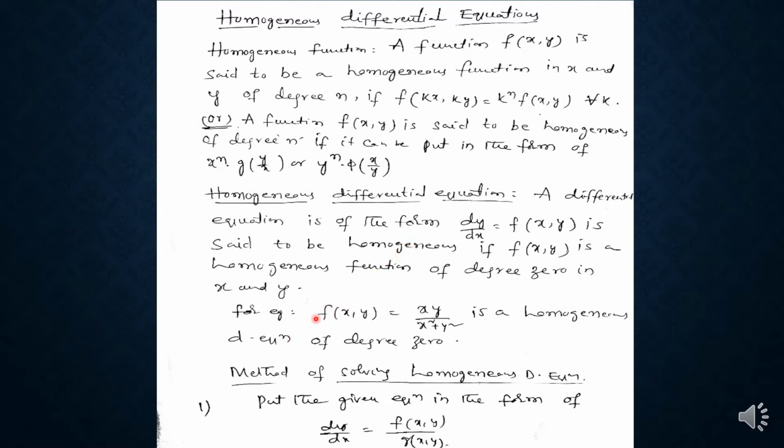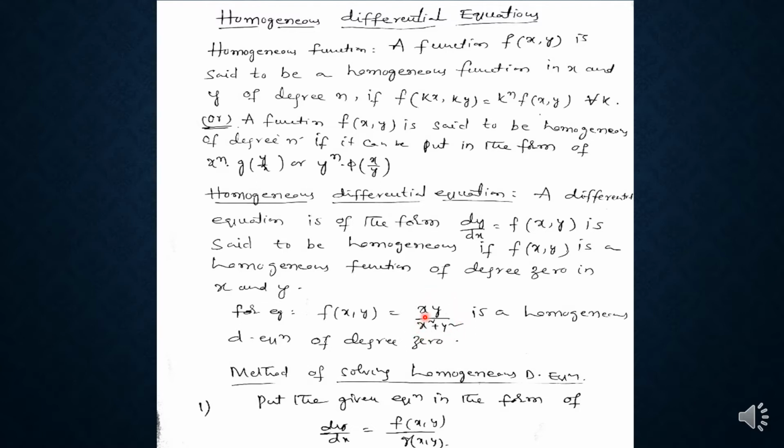For example, we are given f of x comma y is equal to xy by x square plus y square, that is, dy by dx is equal to xy by x square plus y square. To check whether it is a homogeneous differential equation or not, at first we should check whether it is a homogeneous function with degree 0.